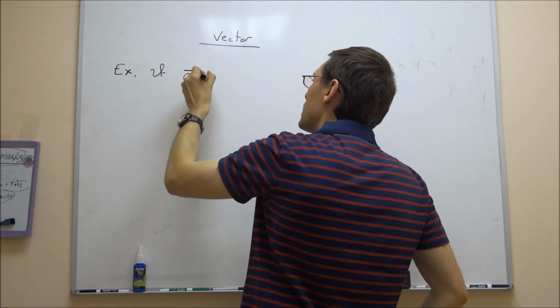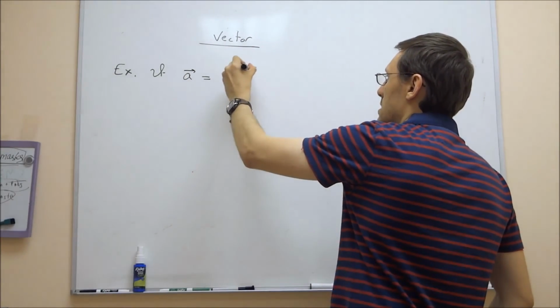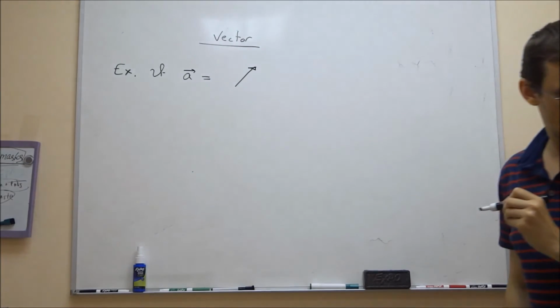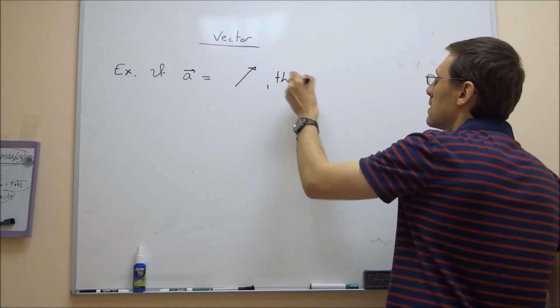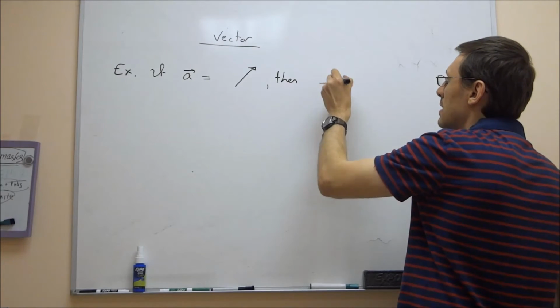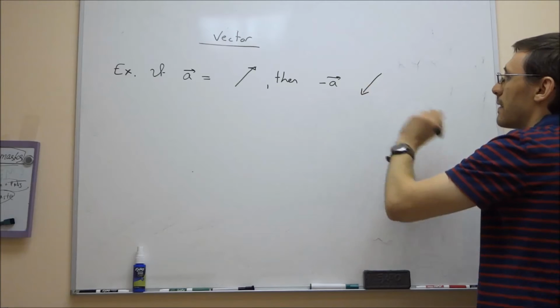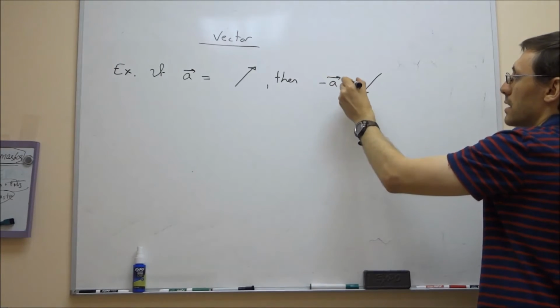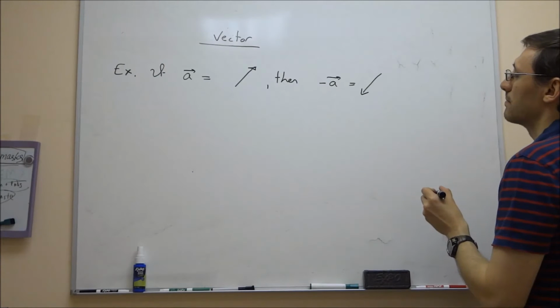So we are just denoting vectors for now just by drawing them geometrically. So if this is a, then minus a is just the vector in the opposite direction. So it's the same vector of the same size, but in the opposite direction.